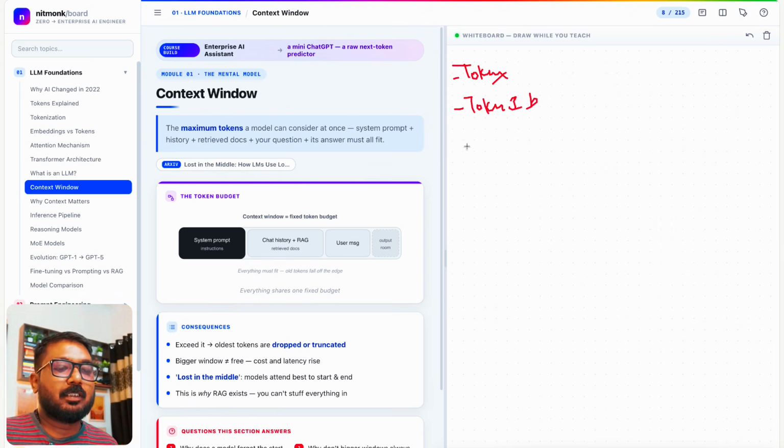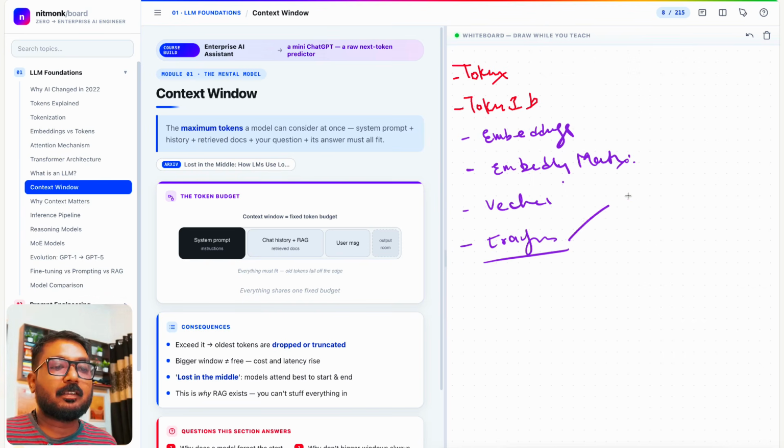We understood tokens, token IDs, embeddings, the embedding matrix, and vectors. We also got to know about the transformer, and in the transformer we tried to understand how input embeddings go in and how positioning happens.